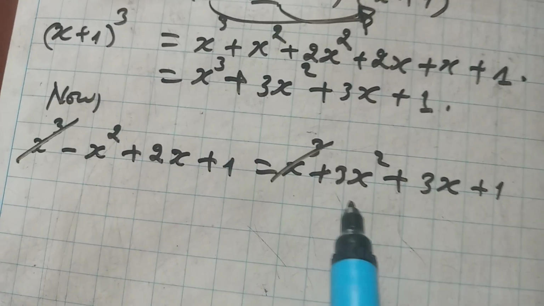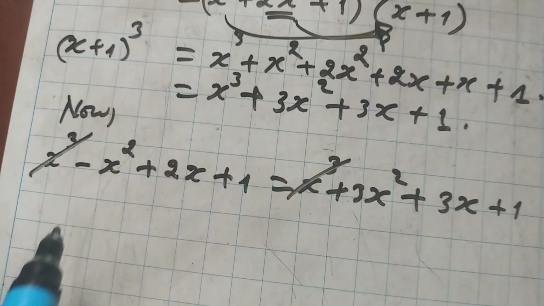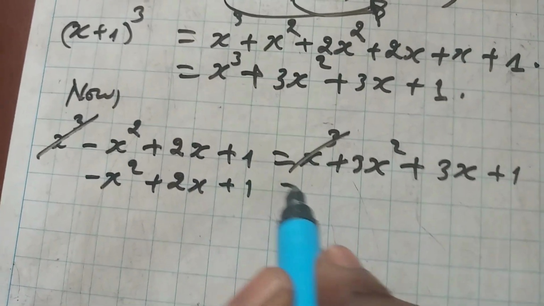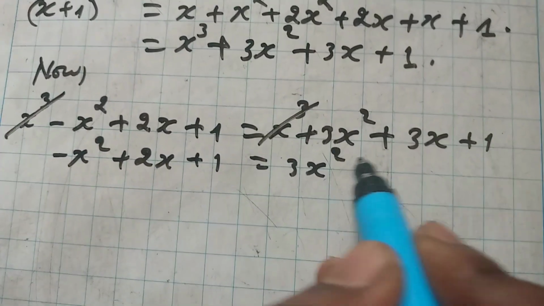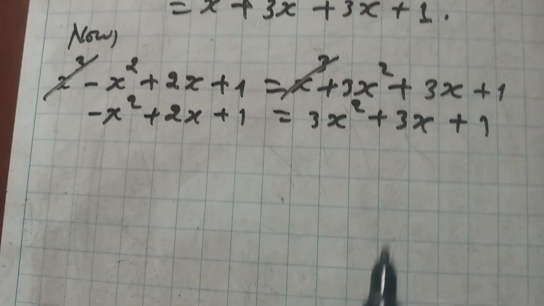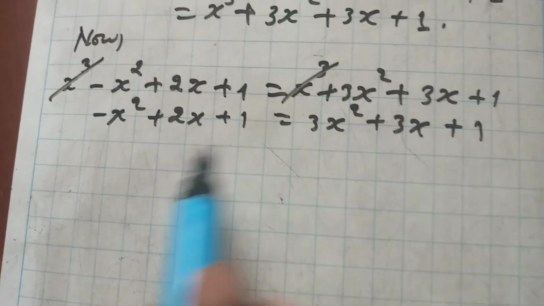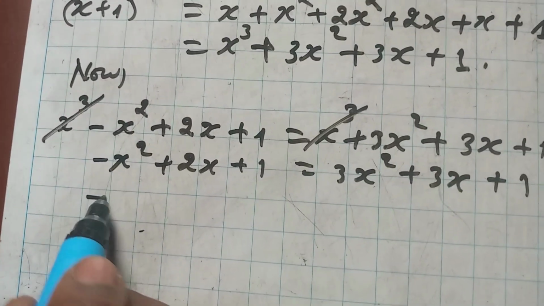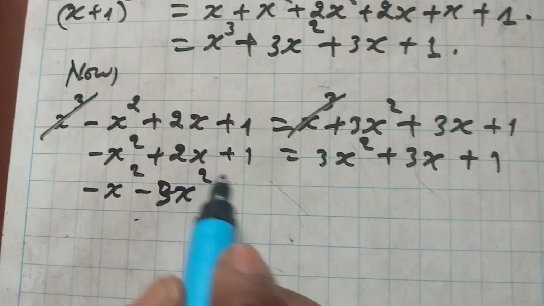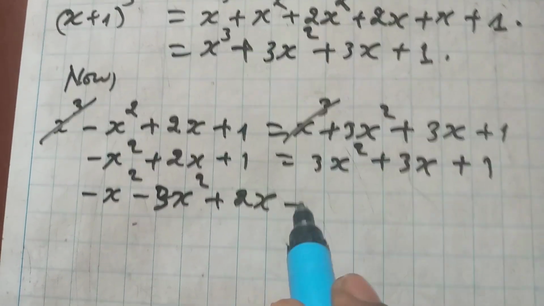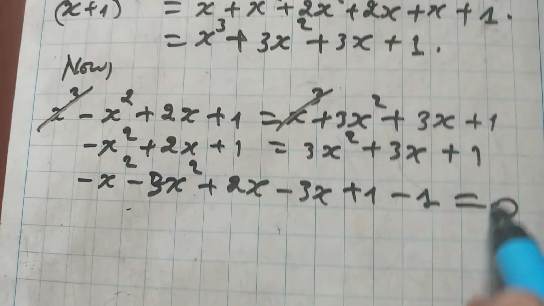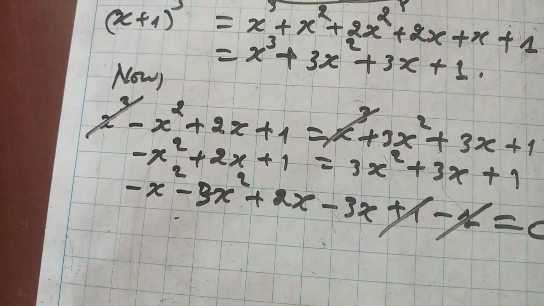Now you have negative x squared plus 2x plus 1, which is equal to 3x squared plus 3x plus 1. Now, I have to take all of those terms on the left-hand side to have negative x squared, negative 3x squared, plus 2x negative 3x, plus 1 minus 1, which is equal to 0.